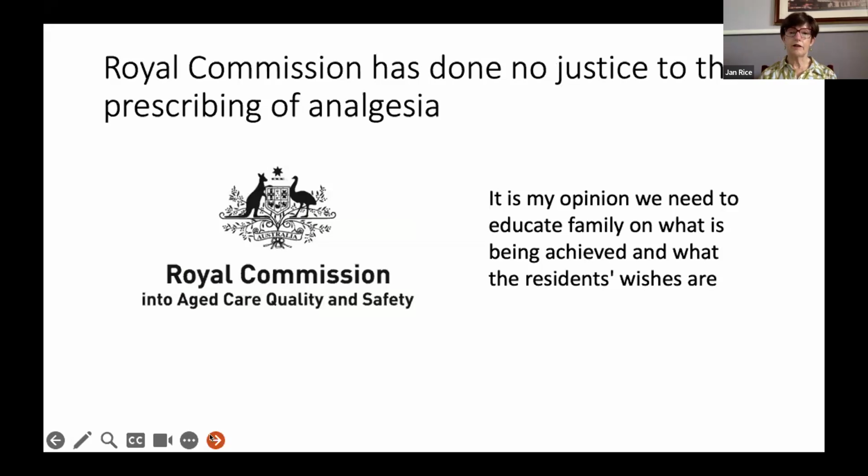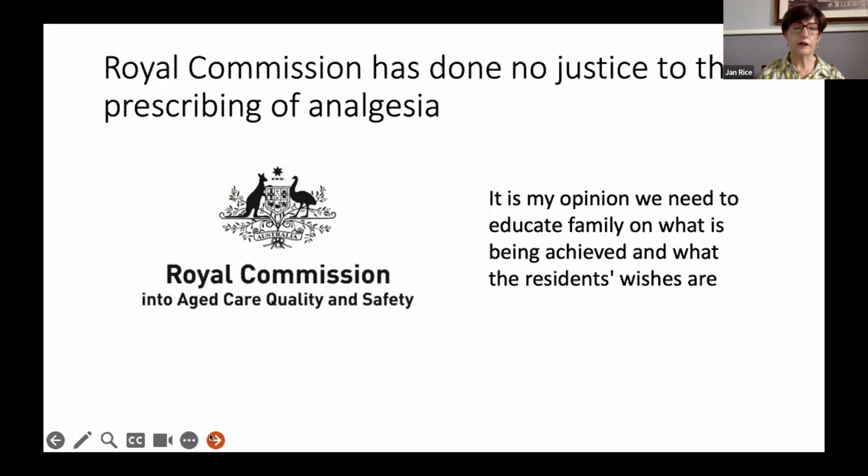I work in aged care and I see people suffering every day, and a lot of it is because the family won't allow adequate analgesia. Yes, if you give adequate analgesia, the resident may become sedated, but is it not better that they're comfortable? But that's my personal opinion.